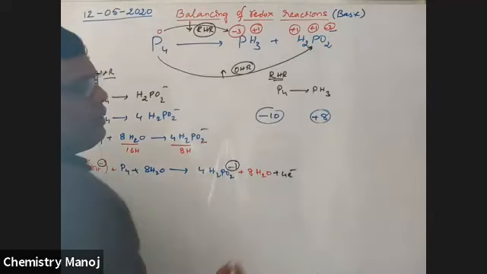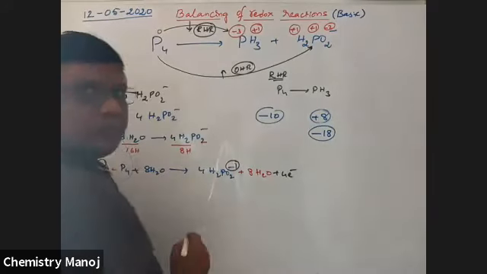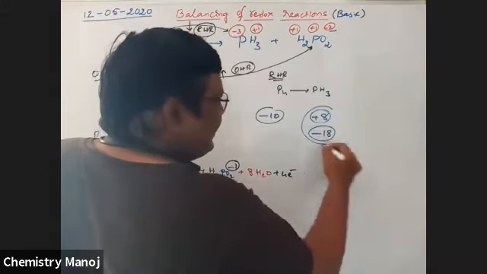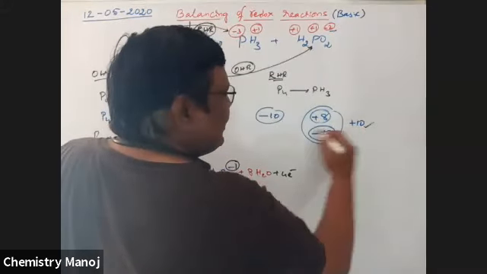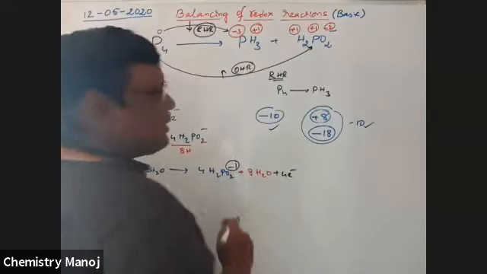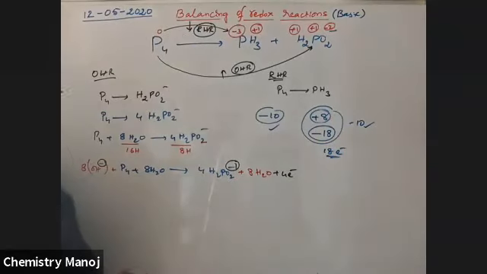Now here, minus 18 is added. Minus 18 plus 8 gives minus 10. Now these two are balanced. That means 18 electrons on the right side.